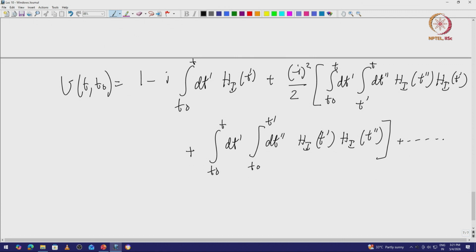H_I(t'') H_I(t'). So this is fine, the T' is on the right. The second integral has limits T0 to T and T0 to T'. Okay, this is the total integral with H_I(t'), and now you can express the second integral.